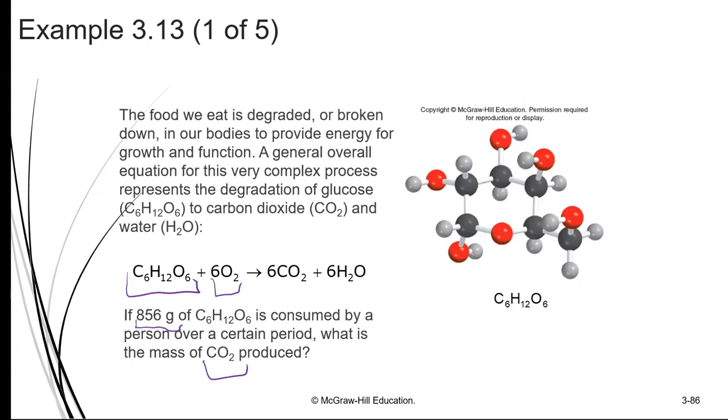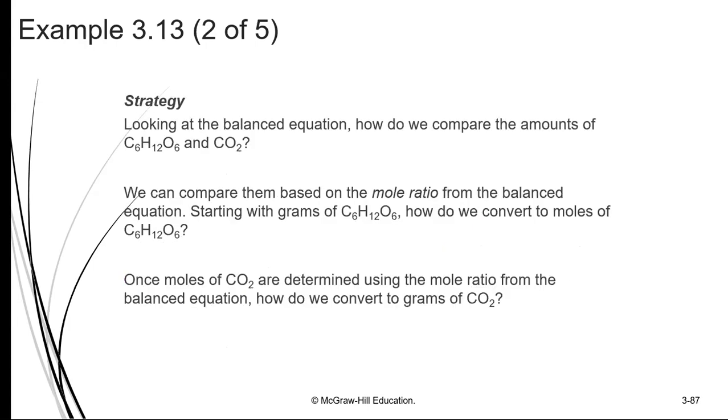So the first part is we have to double check whether this is a balanced chemical equation. And then we have to develop a way for us to convert our glucose into our carbon dioxide. Kind of like this strategy here.